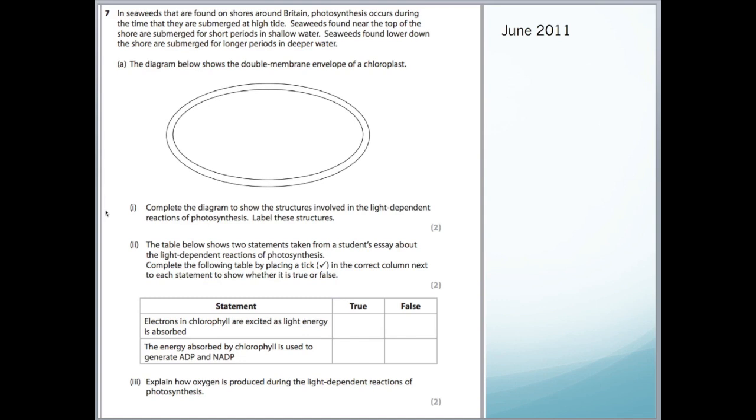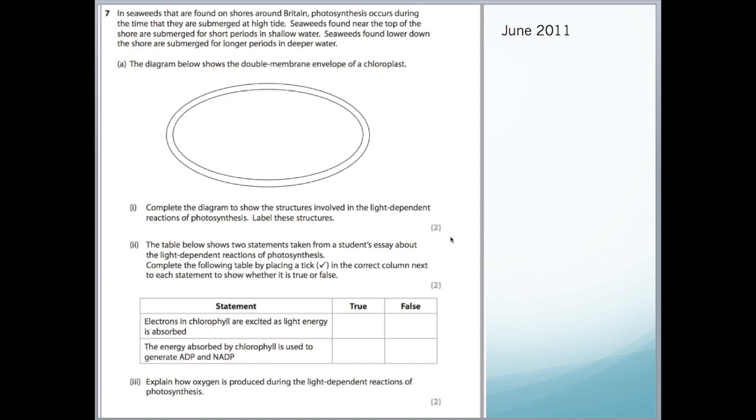So, since there are 2 marks, we first need to draw the grana, the stacks of thylakoids. So first of all, you would draw maybe 2 or 3 of the stacks, and also make sure you label them. So granum, which is singular, and if you have many, just grana, and also make sure you mention the thylakoids. So that would be 2 marks.